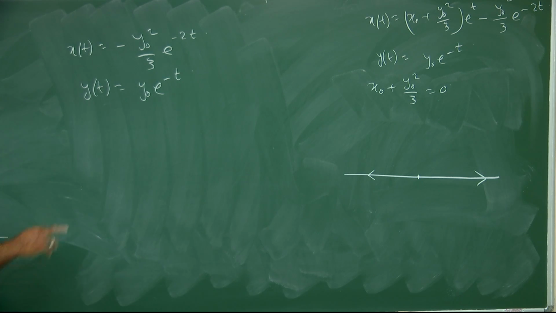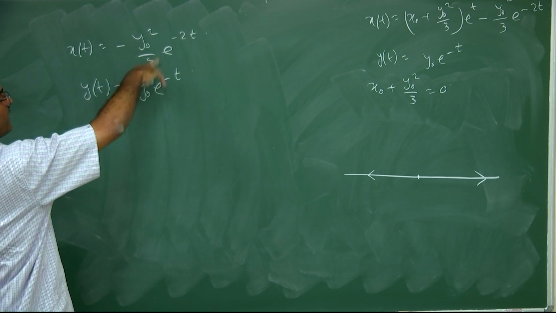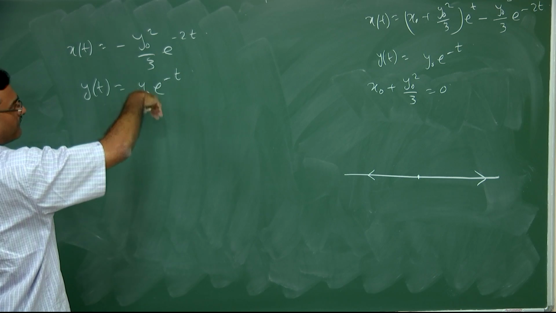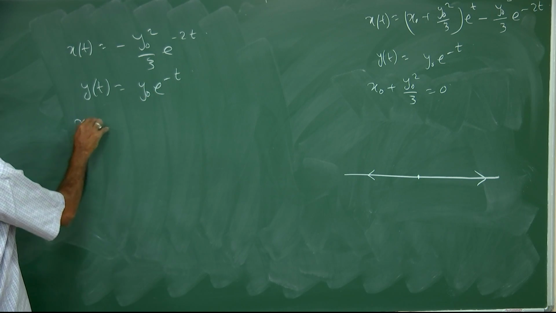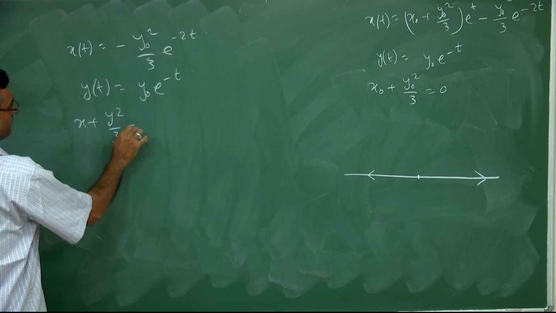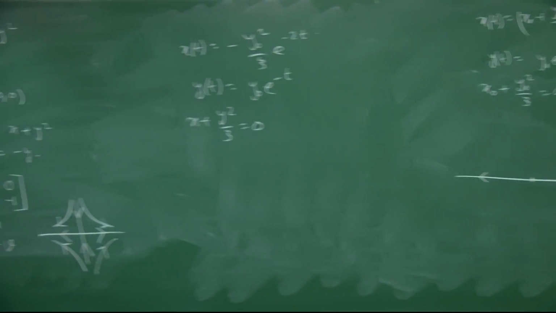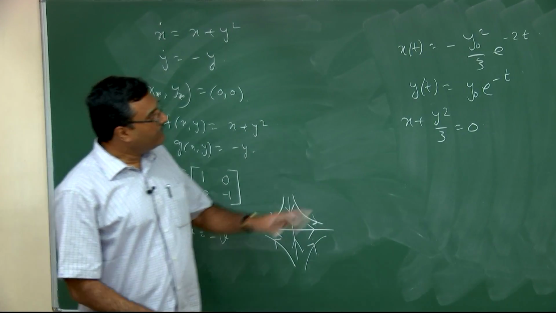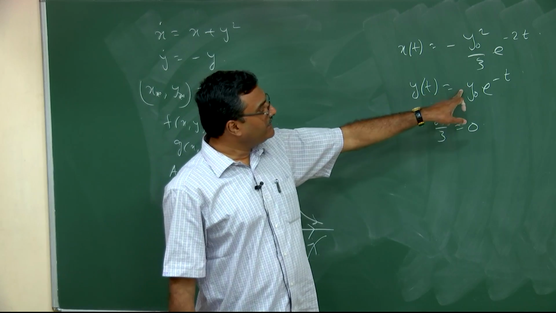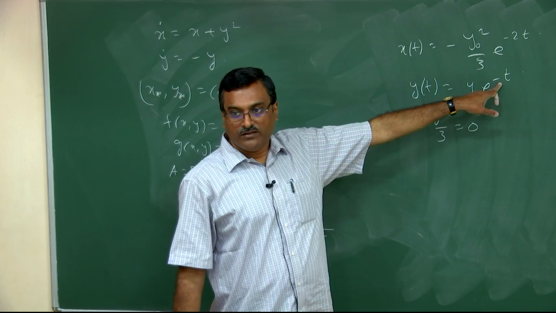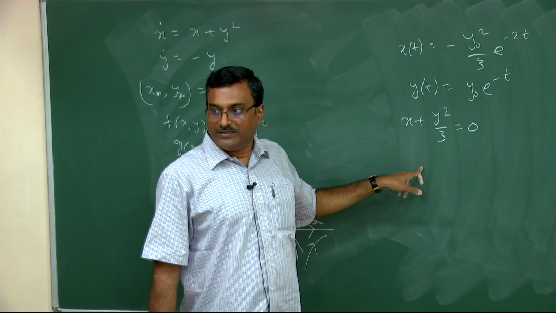Now if you eliminate y0 and e to the power minus t from these two equations, then you can verify that you will actually have this particular curve x0 plus y0 square by 3. Because if you square it, this will be y0 square by 3 to the power minus 2t, then if you add them, you will have this one.